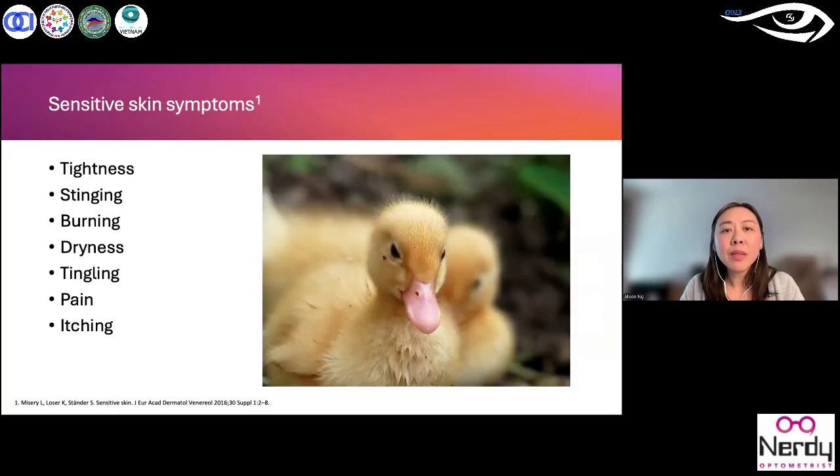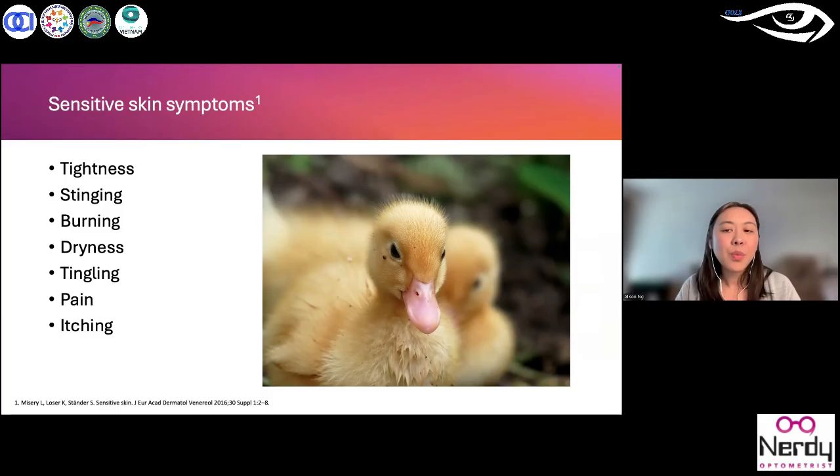Now, we do have some patients, like I said earlier, who present with symptoms of sensitive skin. The International Forum for the Study of Itch defines sensitive skin as a syndrome with the occurrence of unpleasant sensations in response to stimuli that should not provoke such sensations, and these sensations are not explained by lesions that are attributable to skin disease.